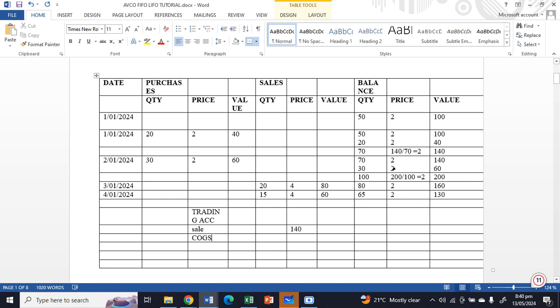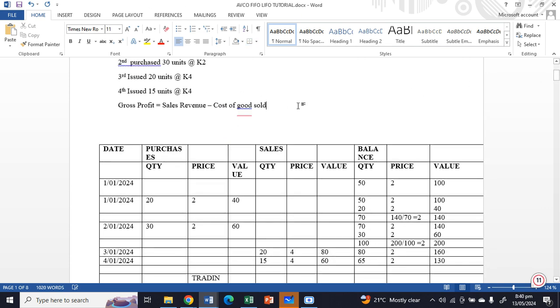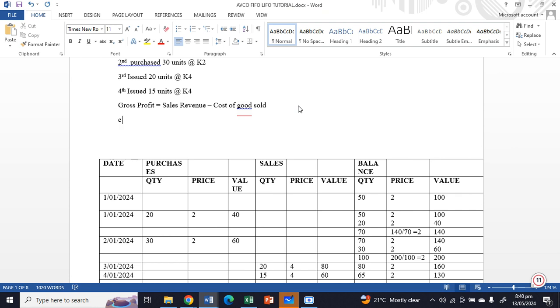And in order to get the cost of goods sold, it's the total cost of goods available for sale minus the closing inventory.